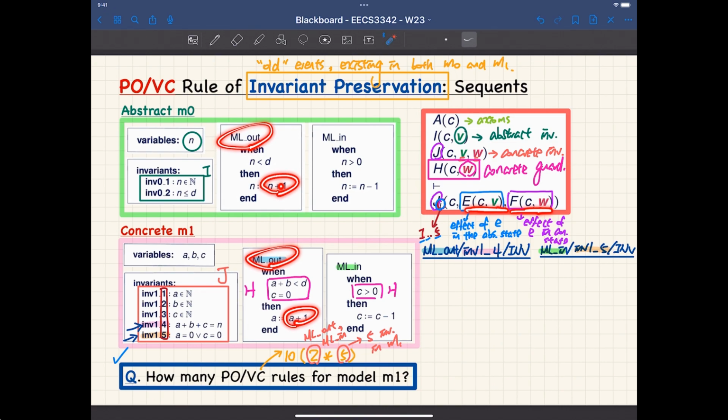I'm going to show that to you. Similarly, if we look at ML in, the E here is n minus 1, and the F over here is c minus 1. But not necessarily every invariant is going to involve both the abstract and concrete variables, only some. So this is just to say in general, you may have to use both, but not necessarily every time.